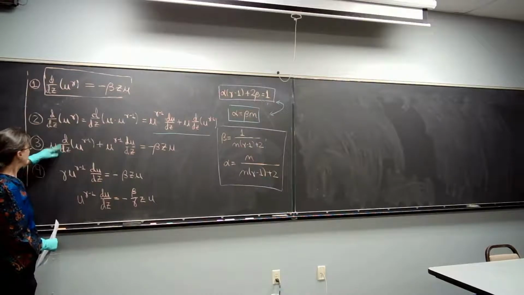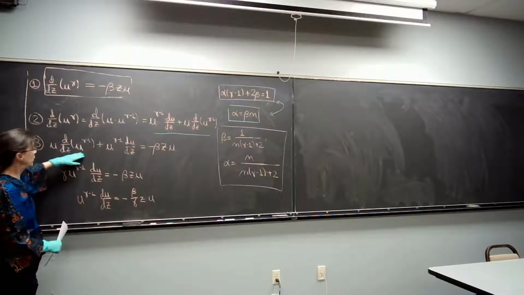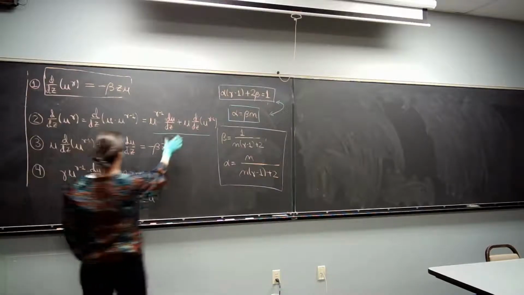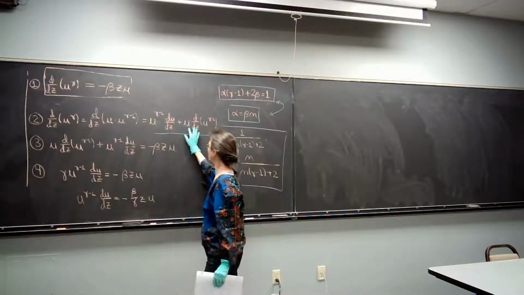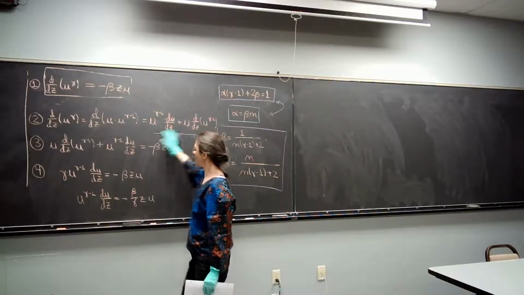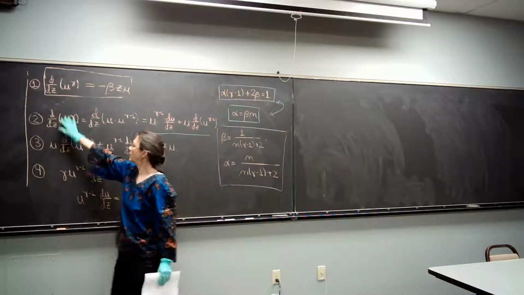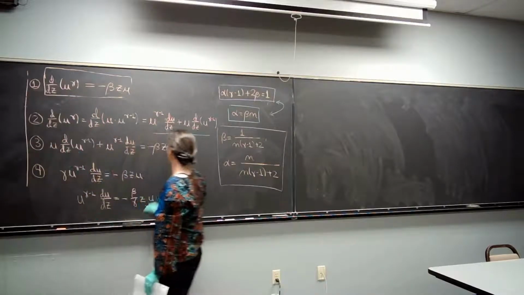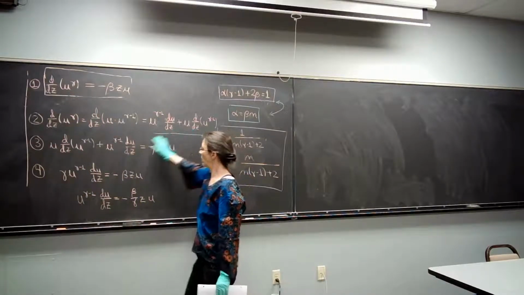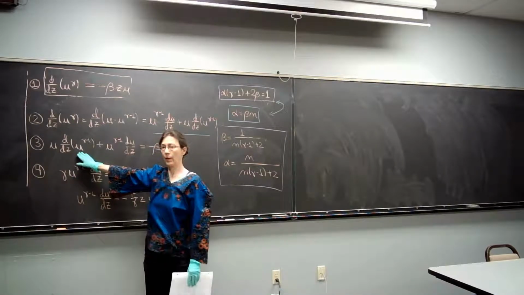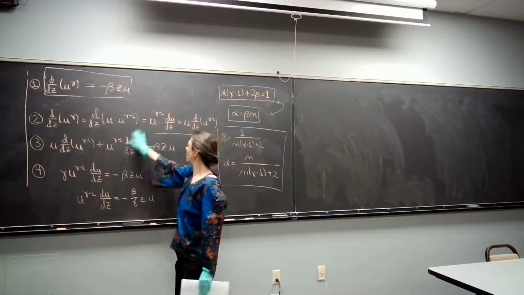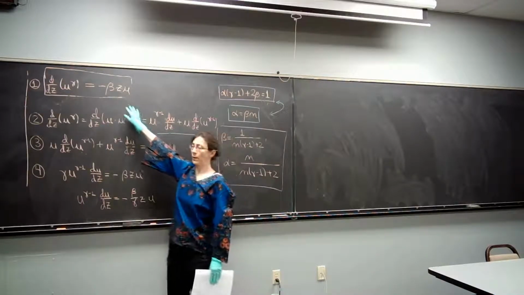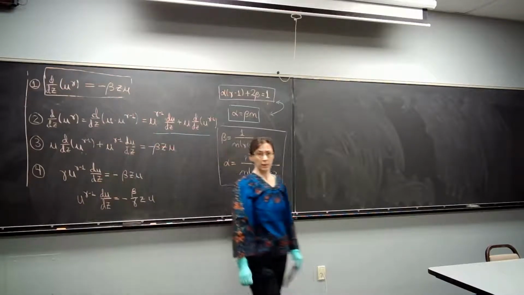So now I've got u d/dz of u to the gamma minus 1, and I just switched the order here too. The whole thing is d/dz of u to the gamma, but I've just rewritten my left-hand side in this way. Here's my u d/dz of u to the gamma minus 1 plus u to the gamma minus 1 du/dz equals, here's my right-hand side, minus beta zu.